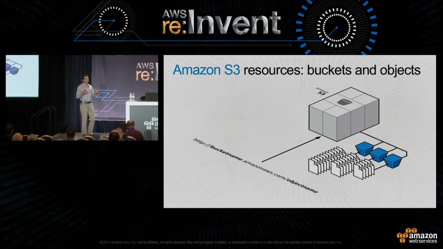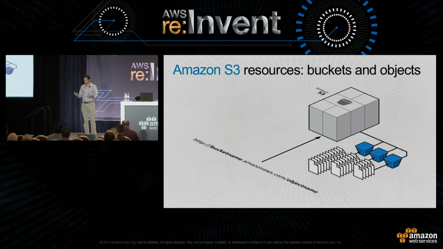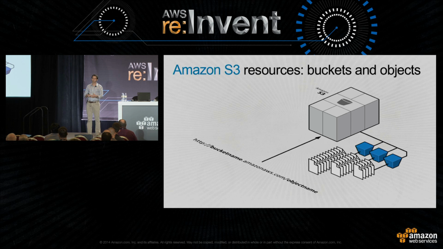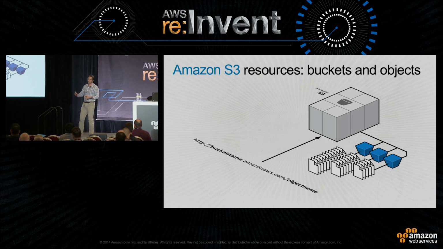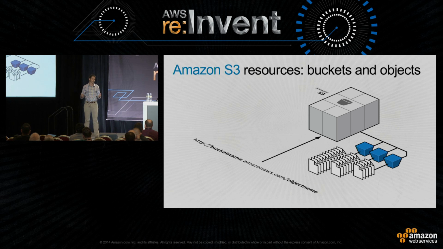Within those buckets, we store objects. So this is pretty much all I need in order to start streaming movies, serving photos and so forth as a storage service. But it's also a web service.